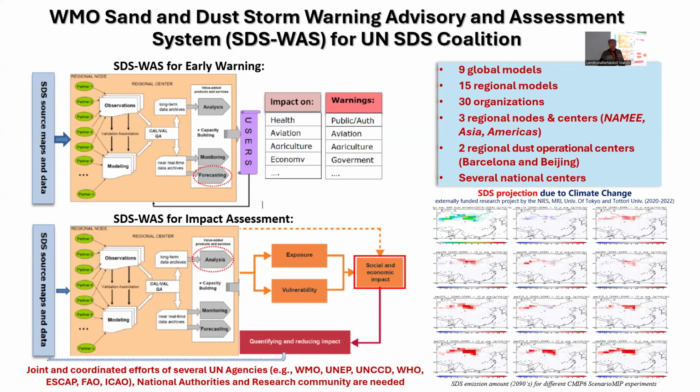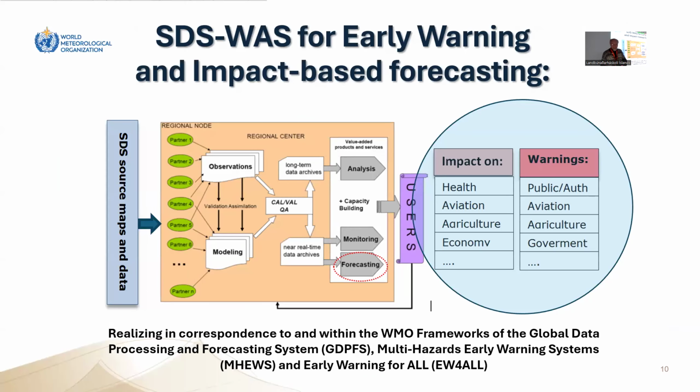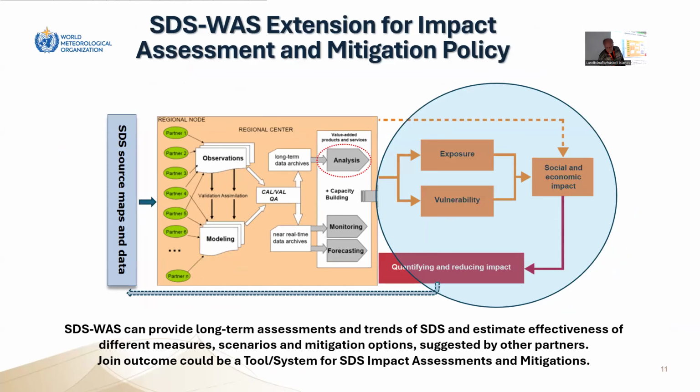And as I mentioned, there are several nodes, but the NAMEE node is closer to your activities. And here it's early warning, impact-based as I mentioned, and again impacts on health, aviation, agriculture, economy, and also climate are important to consider, and also for long-term analysis.